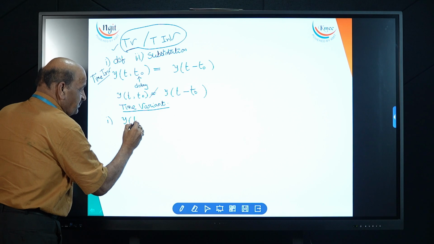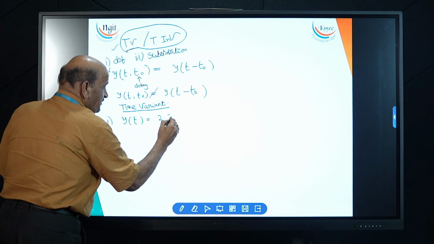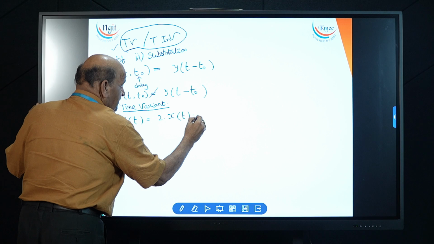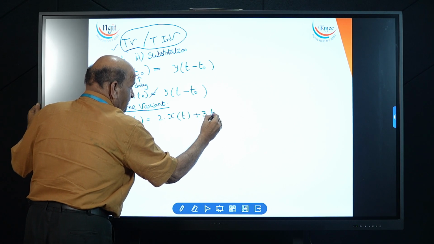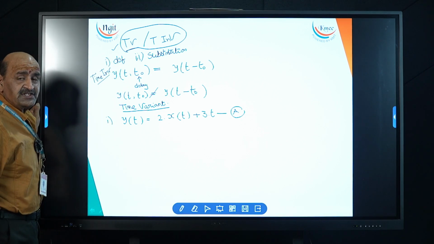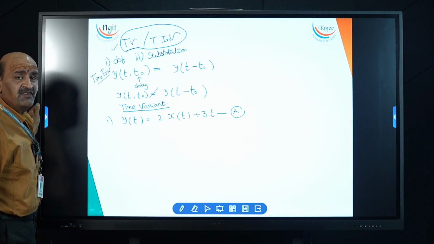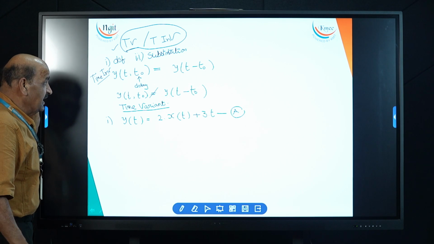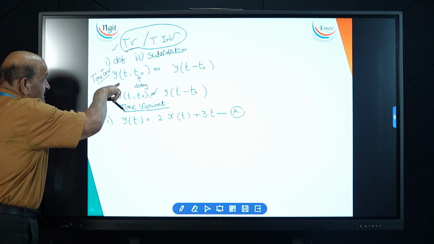A given system is y of t equal to 2 times x of t plus 3 times t. Verify whether the system is time variant or time invariant. Now look at the substitution.